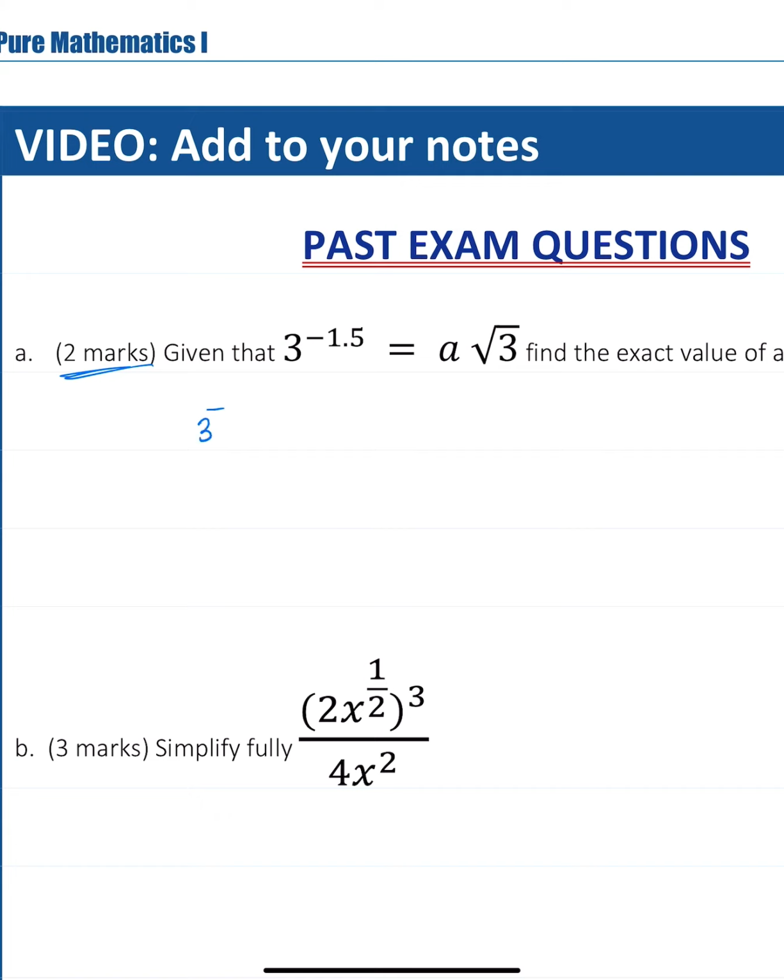3 to the minus 1.5 is equal to a to the power. Actually, let's write the number first.